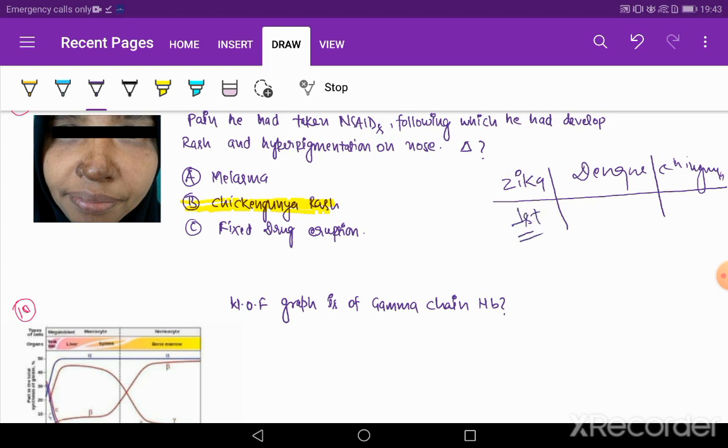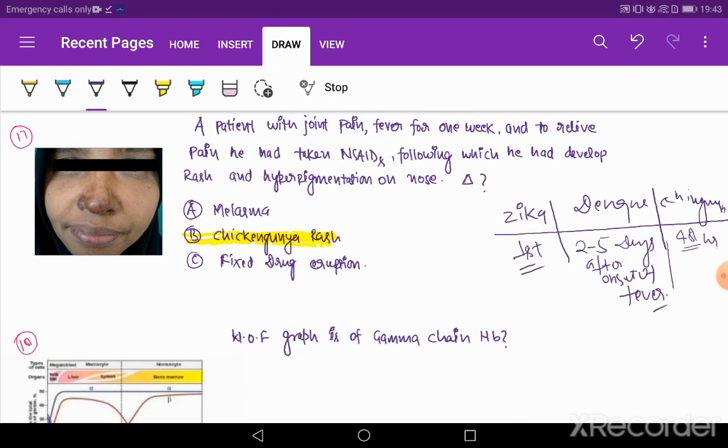In dengue, it usually appears 2 to 5 days after the onset of fever. And in chikungunya it often appears within the first 48 hours of the symptoms. These are chikungunya rash, the chik sign.